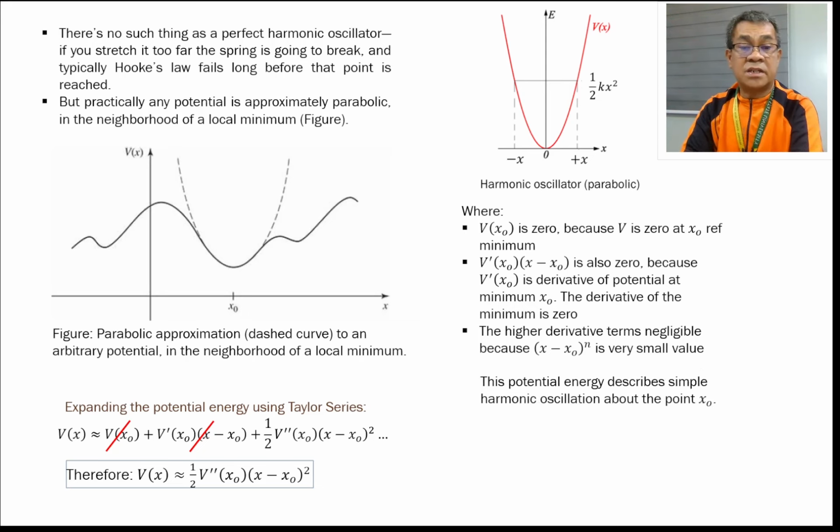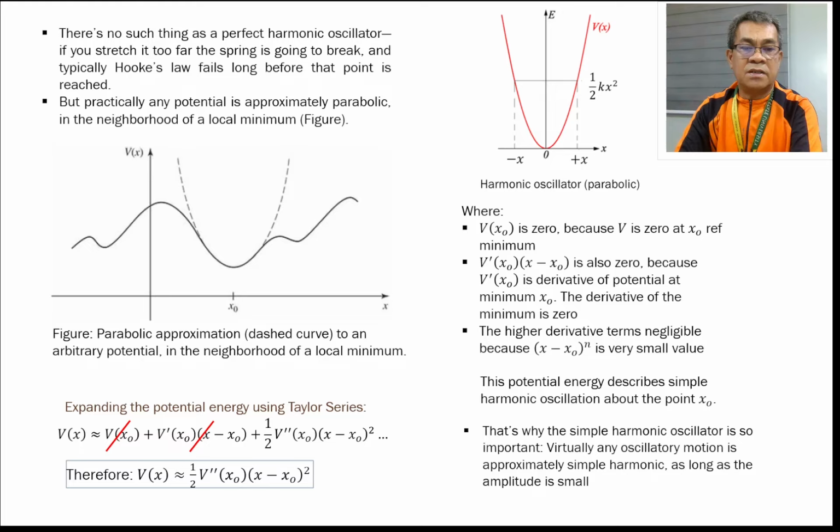This potential energy describes a simple harmonic oscillator. Which means that even if it is a distorted curve, we can still find the potential energy and represent a simple harmonic oscillator about a certain vertex, let us say x naught. That's why the simple harmonic oscillator is so important.